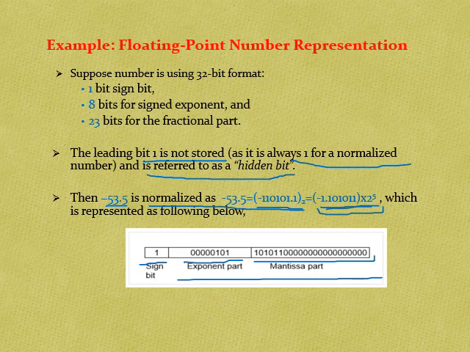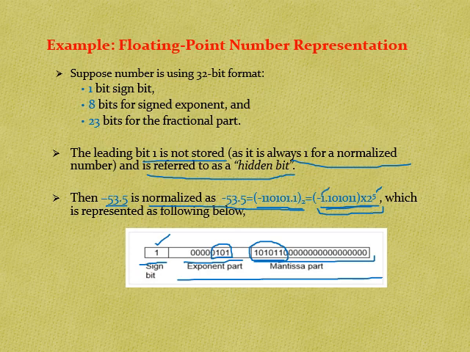Here you can see that this is minus 53, that's why the sign bit is 1. And here you can see that this exponent is 5. So now this is 101. This 101 means it is 5. And the rest, 101011, is represented in the higher bit positions of the mantissa.